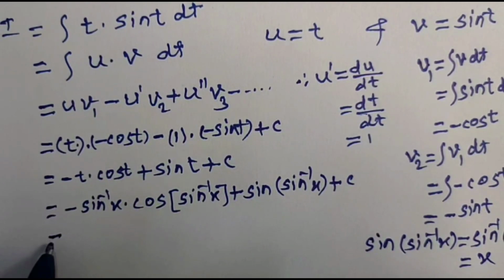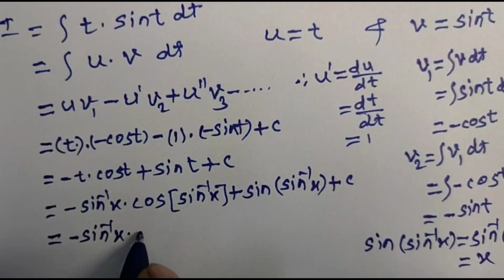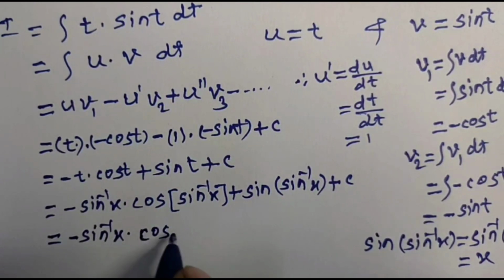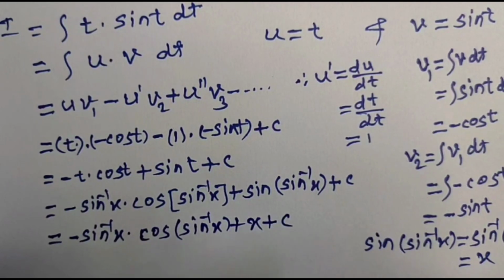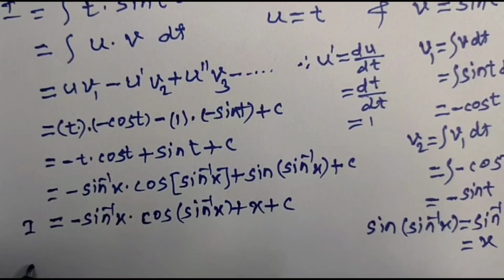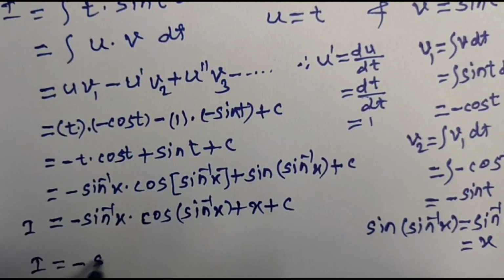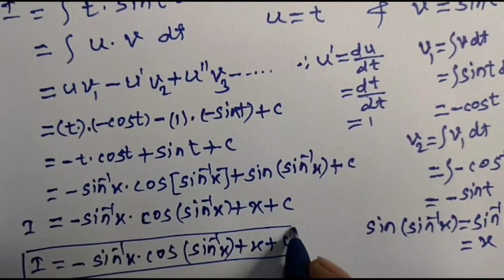So this is equal to minus sin inverse x into cos of sin inverse x, keep this as it is, plus x plus integral constant c, and this is the value of integral I. Hence we can write I is equal to, this is the answer, minus sin inverse x into cos of sin inverse x plus x plus c. This is the value of the given integral.